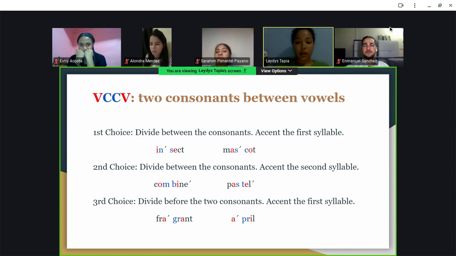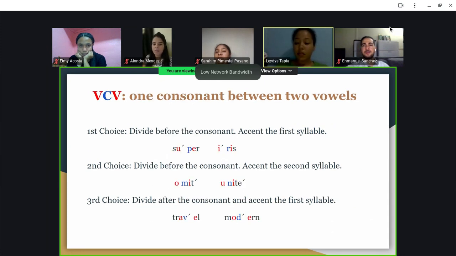For example, as we may see in the word fragrant, we have the pattern: first vowel A, GR consonants, and the last vowel A, two syllables, accent on the first one.